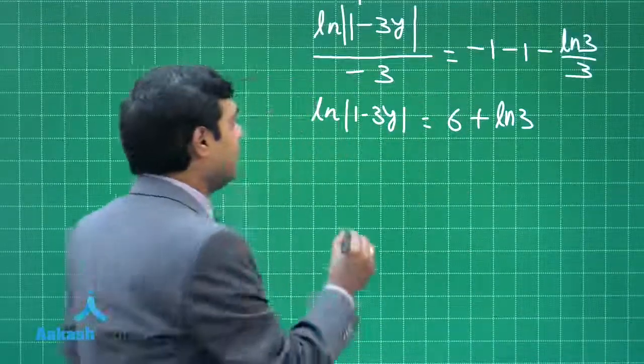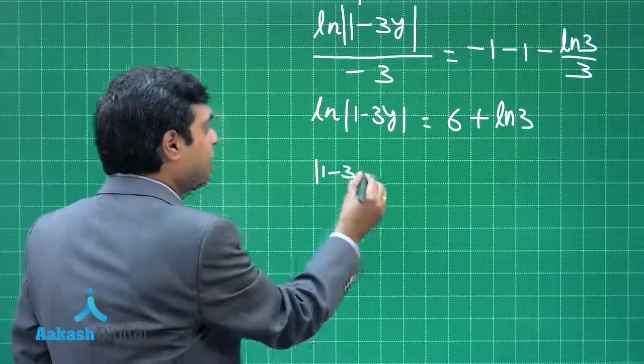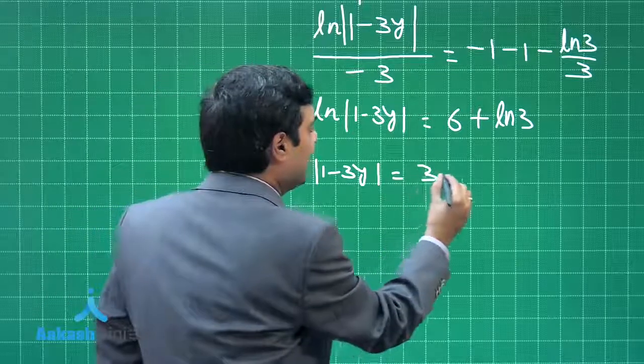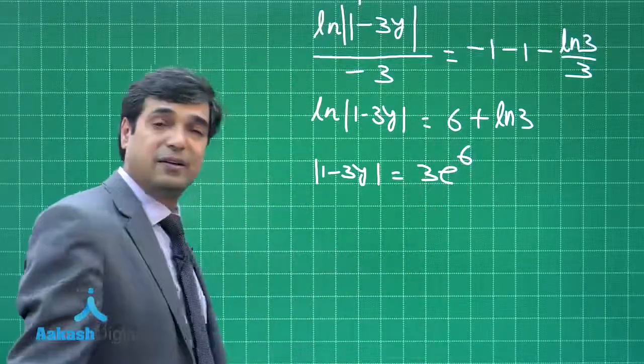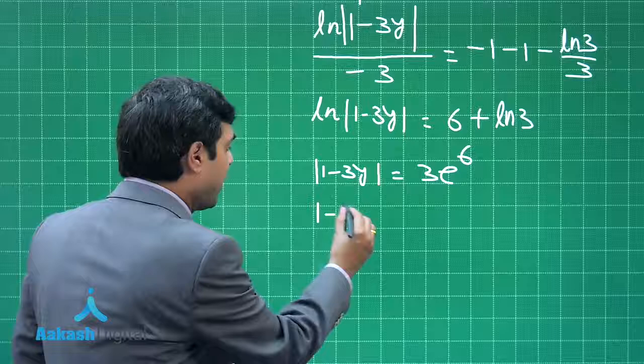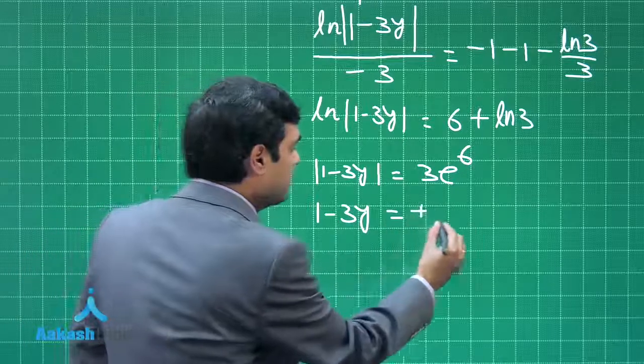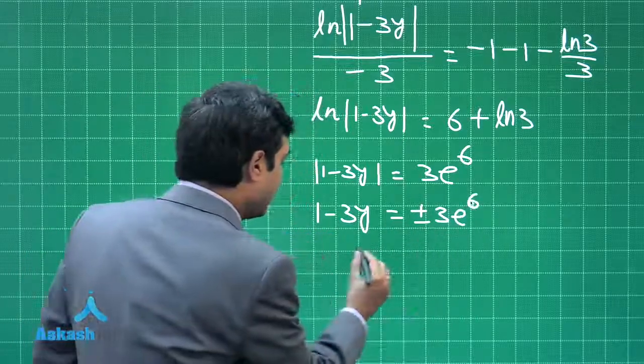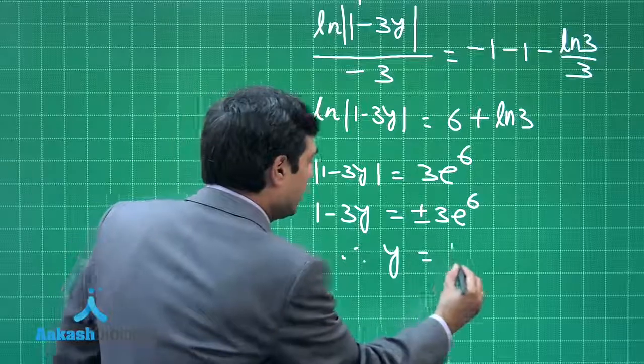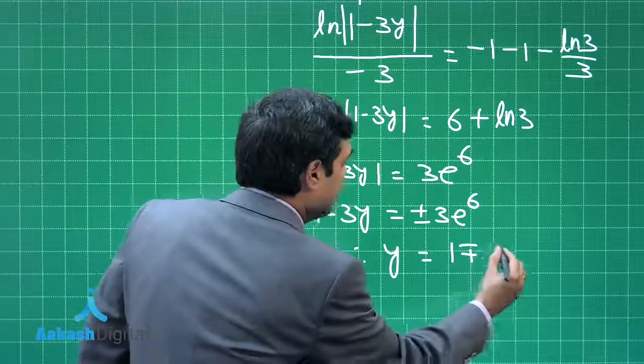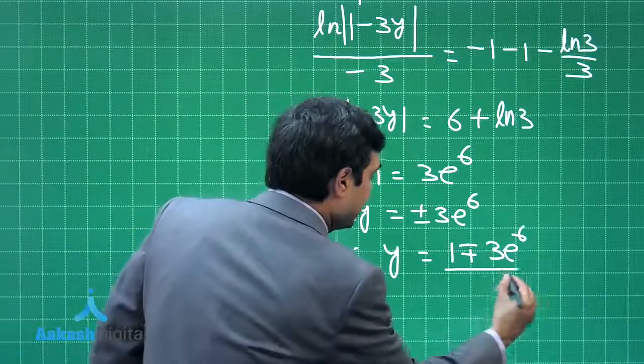I am sure this is clear. Mod 1 minus 3y is equal to 3 e to the power 6. From here we have 1 minus 3y is equal to plus minus 3 e to the power 6, or simply y equals 1 minus plus 3 e to the power 6 divided by 3.